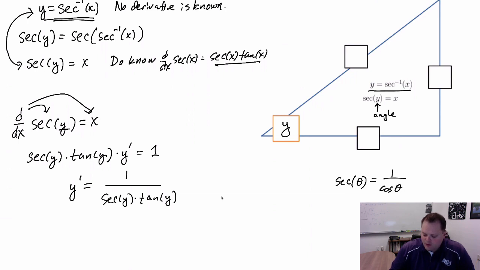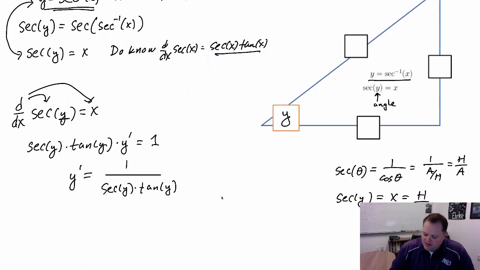And if you've forgotten, cosine is adjacent over hypotenuse. So secant is hypotenuse over adjacent. So in this particular case, secant of y is x, but that's supposed to be hypotenuse over adjacent. That means that the hypotenuse is x and the adjacent is 1, because you need x over 1 to come out of that ratio.